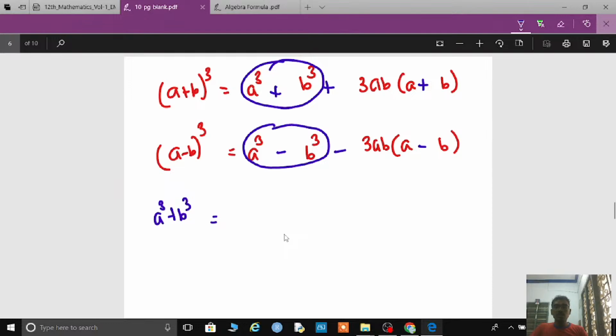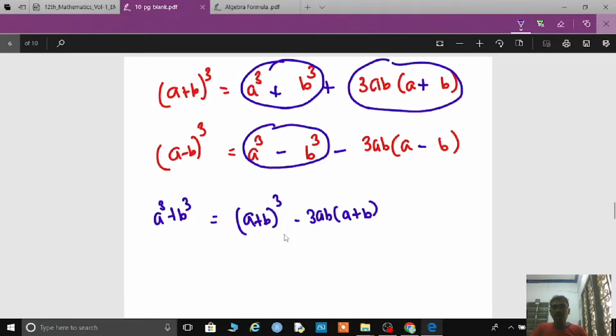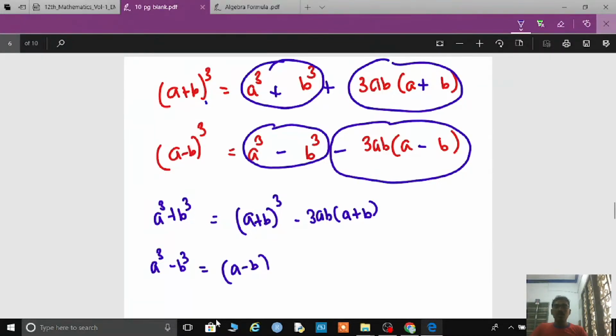A cube plus B cube means A plus B the whole cube minus 3AB, and I hope this term will come here. Next, A cube minus B cube, with minus 3AB coming to the right side, is equal to A minus B the whole cube plus 3AB into A minus B. Got it?